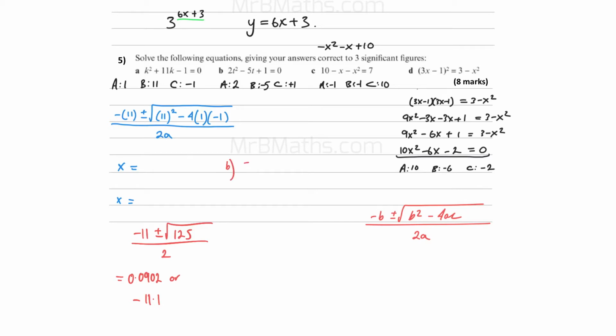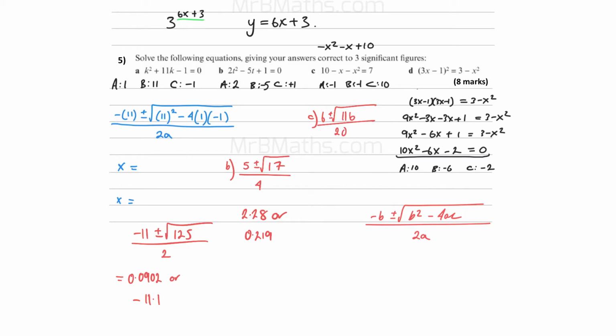For b, we should end up with 5 plus or minus the root of 17 over 4, which works out to be 2.28, or 0.219. For c, we should end up with 6 plus or minus the root of 116 over 20.